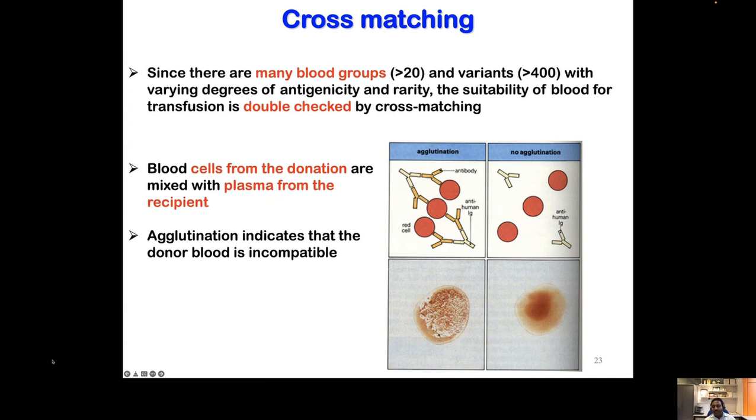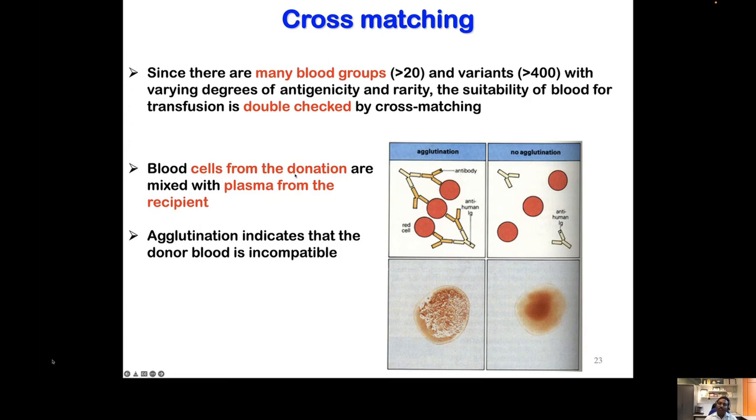If it's agglutinating here, then what is it showing? It is not matching because the antibodies are reacting to the red cells. If you transfuse this blood, then it will lead to lysis. If there is no agglutination, then it's definitely matching. You can go ahead and transfuse.